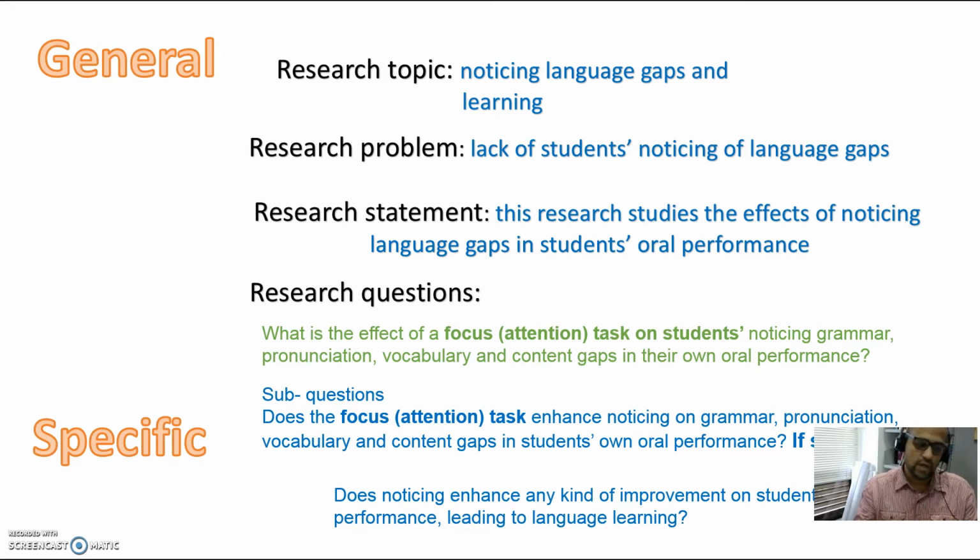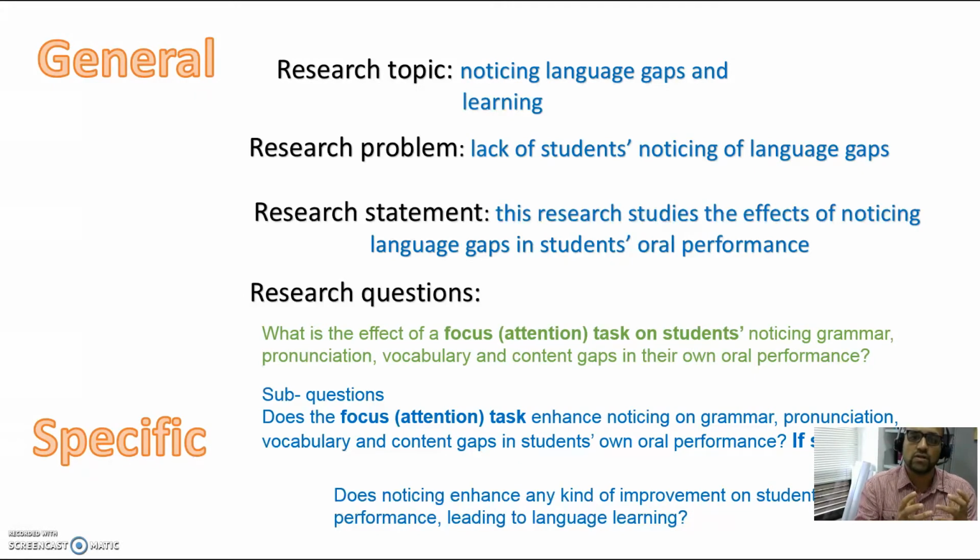So what I did is I went through the whole literature review, I showed the different positions, and at the end I said, okay, this is what I want to do. The research problem in this case is the lack of students' noticing of language gaps, which reduces learning. That's what I want to see. That's the problem.